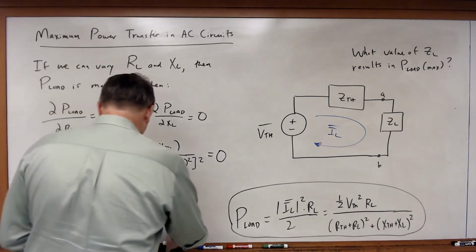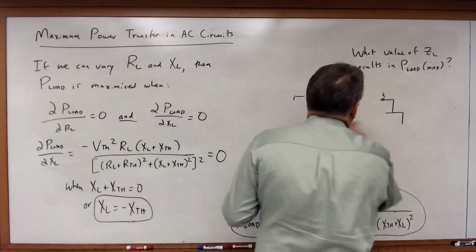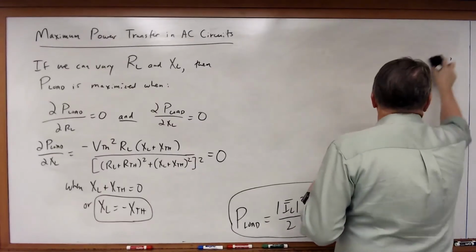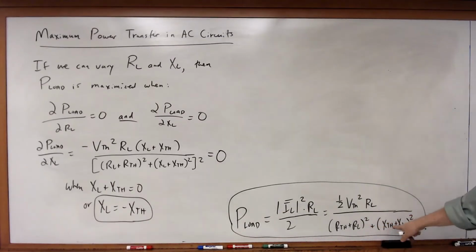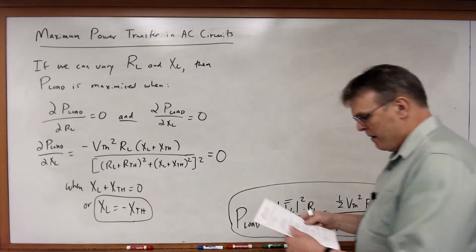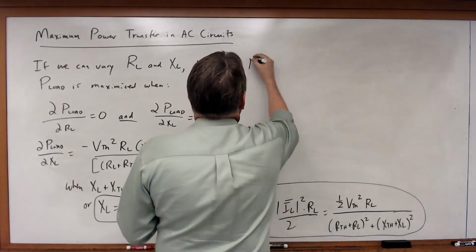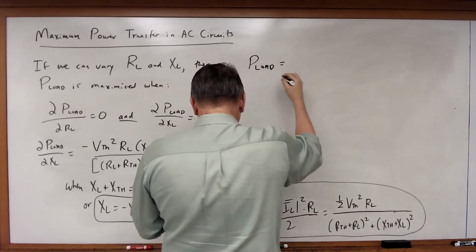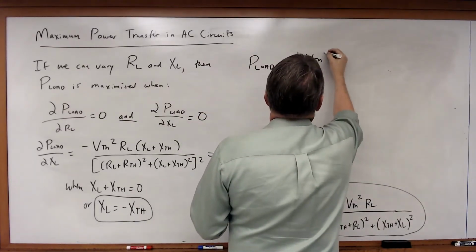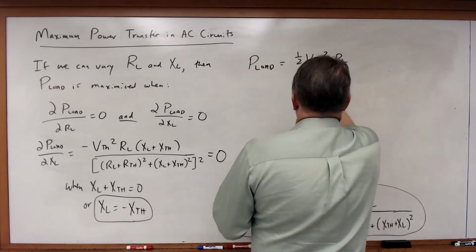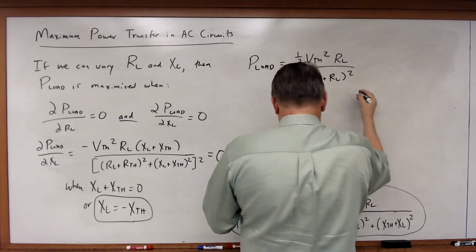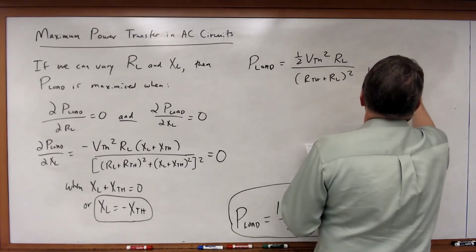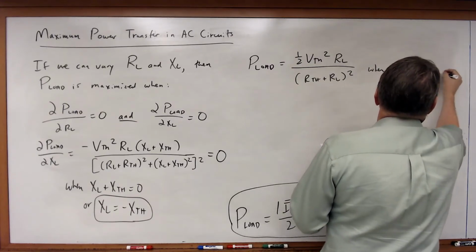Now let's do our next part. Given this, let's plug it into this equation. This term disappears. So now I can rewrite P load. In this case, P load is equal to 1/2 VTH squared times RL divided by (RTH plus RL) squared, when XL is equal to minus XTH.